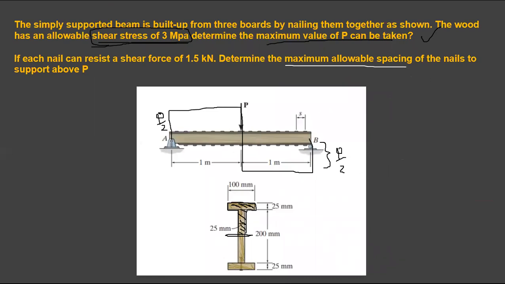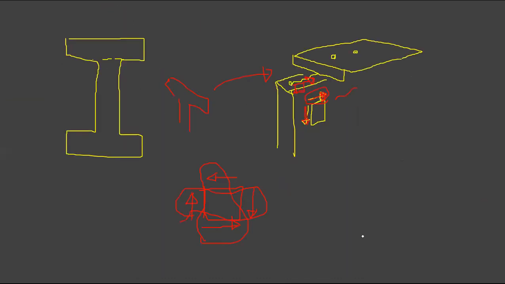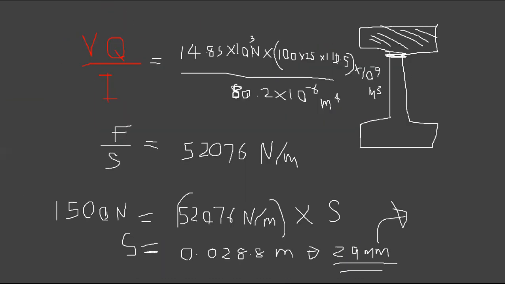So this is the maximum allowable spacing, which means your spacing should be less than this. Practically you can suggest something like 25 millimeters, that's quite okay, rather than 29. You can't go beyond 29. So this is very easy.